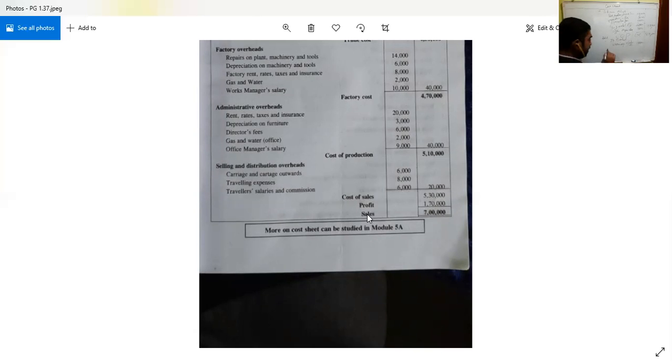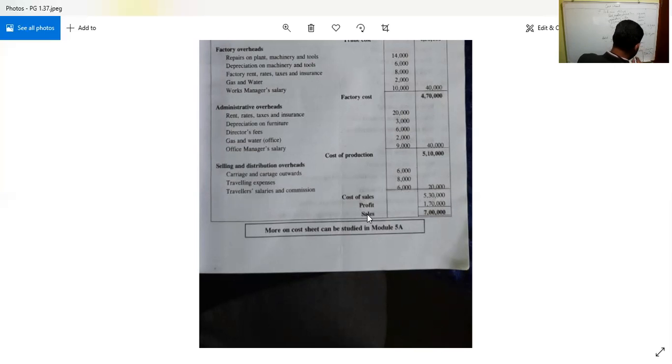Then comes traveling expenses, 8,000. Then traveler's salary and commission, 6,000. So 20,000 is the selling and distribution overhead. So it is increased to 5,30,000.